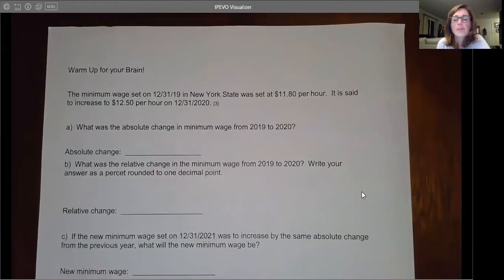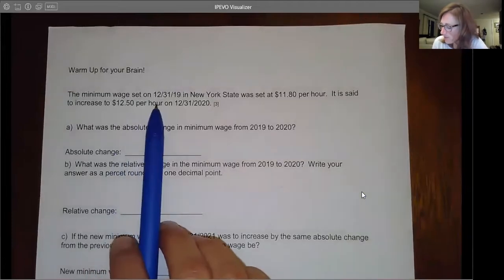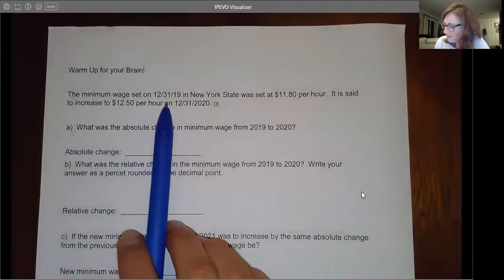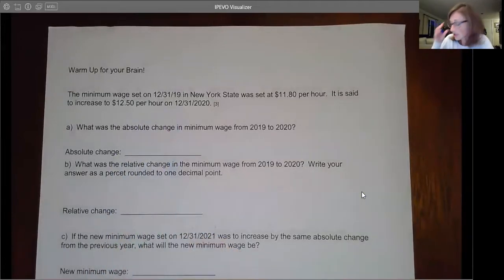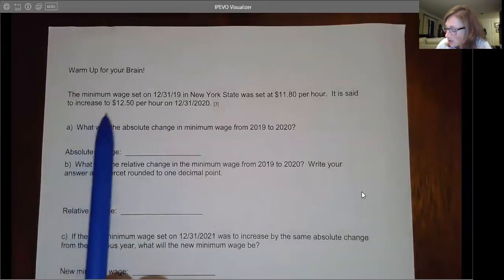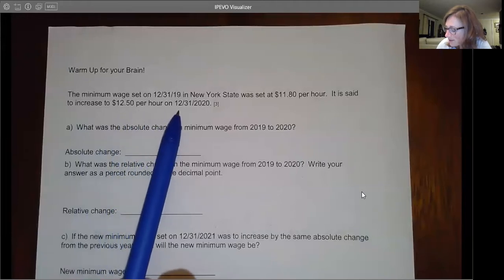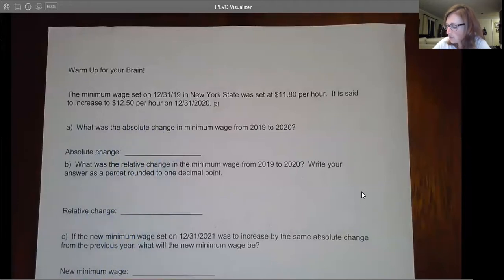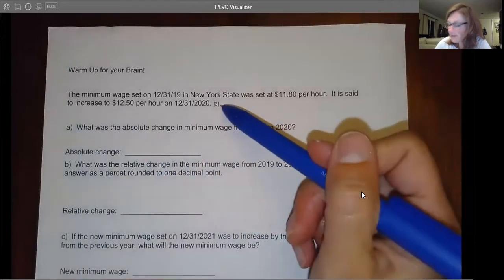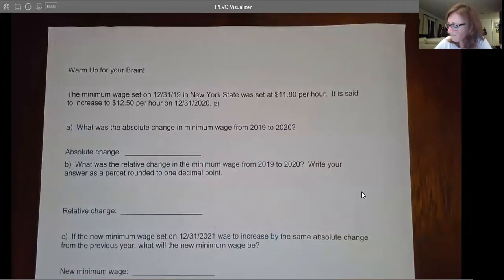All right, so the minimum wage was set back in 2019 to be $11.80 per hour, and it was set to increase to $12.50 per hour on December 31st, 2020. You can see this was an old problem from an old test.